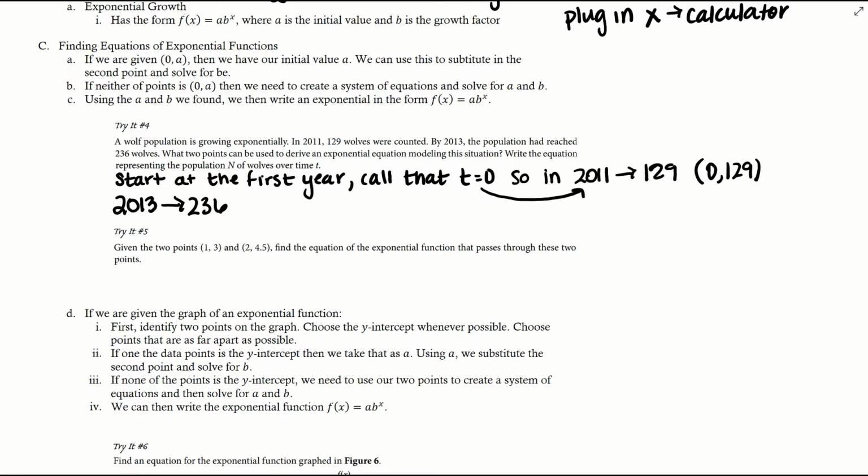And from 2012 to 2013, that is 2 years. So here our t is 2 years later. That gives us (2, 236) as a point.